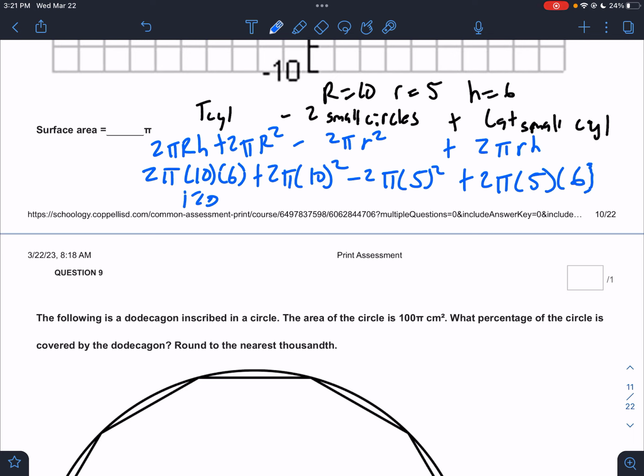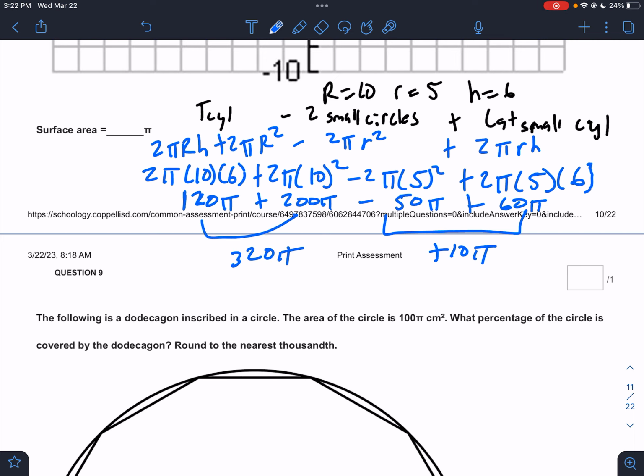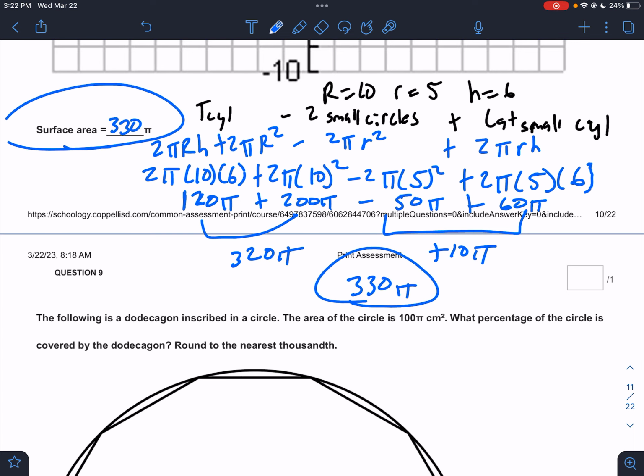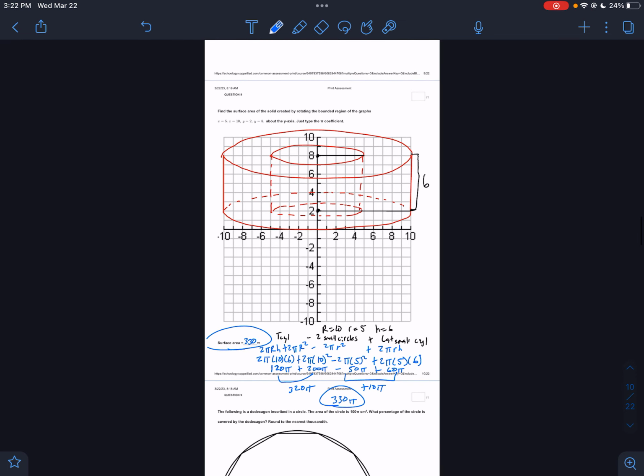This would be 120 pi plus 200 pi minus 50 pi plus 60 pi. So those together is plus 10 pi. Put those together, that's 320 pi. Plus 10 pi is 330 pi.